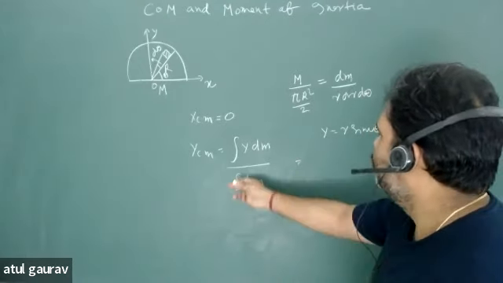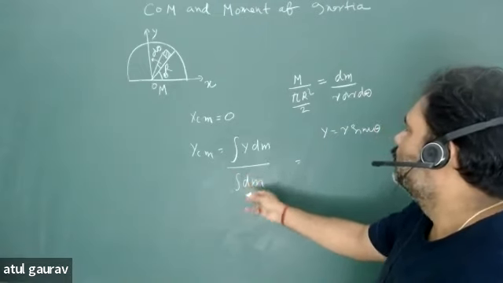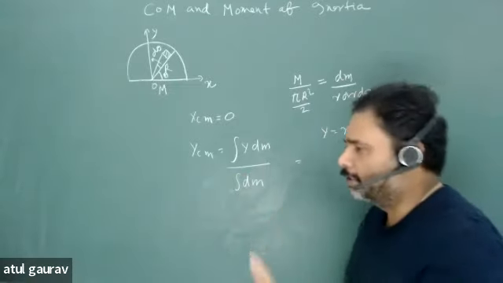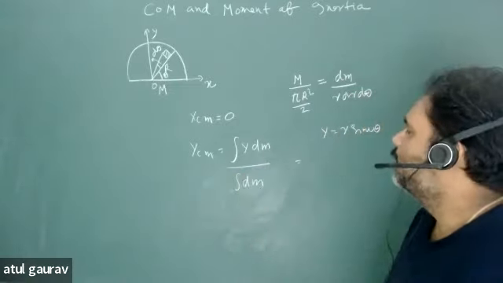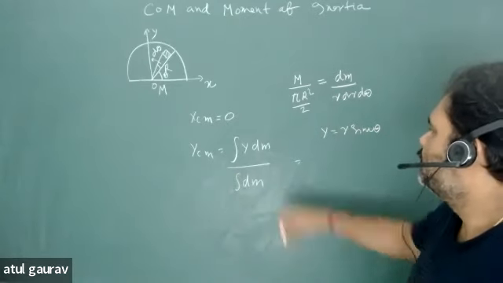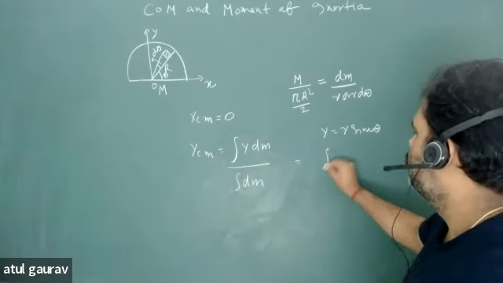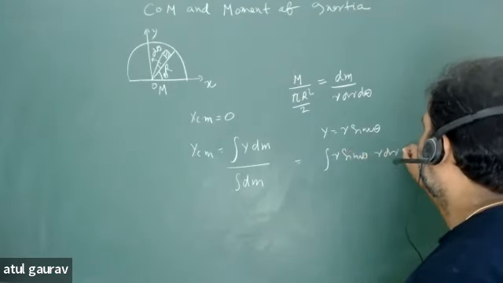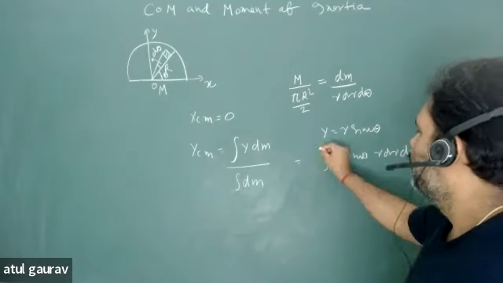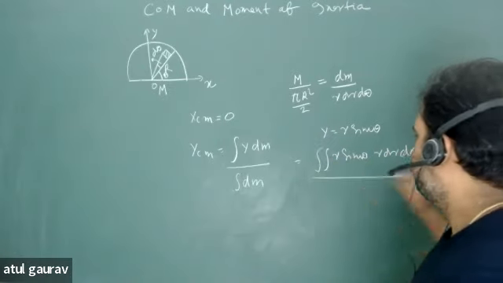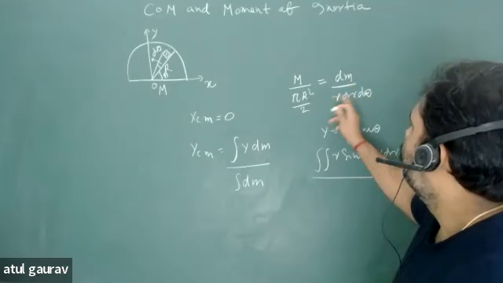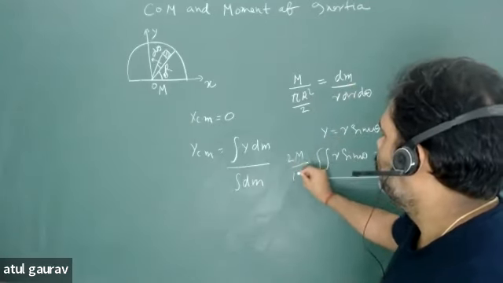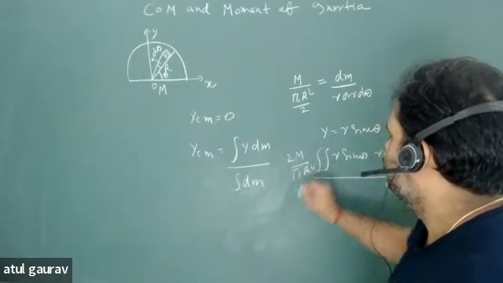Since this mass m is constant, we can directly write this. So y is equal to r sine theta, times r dr d theta, and we have to go for a double integral. Obviously we can write 2m upon pi r square.